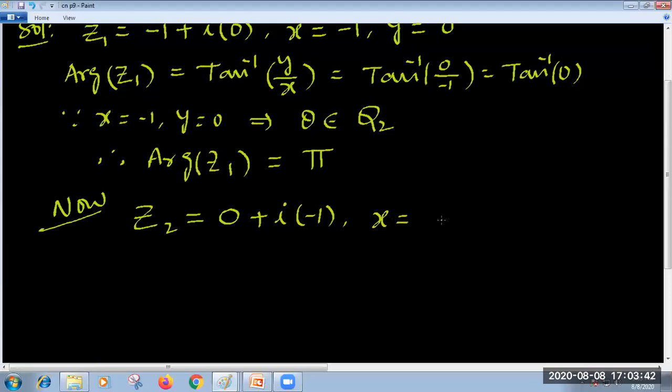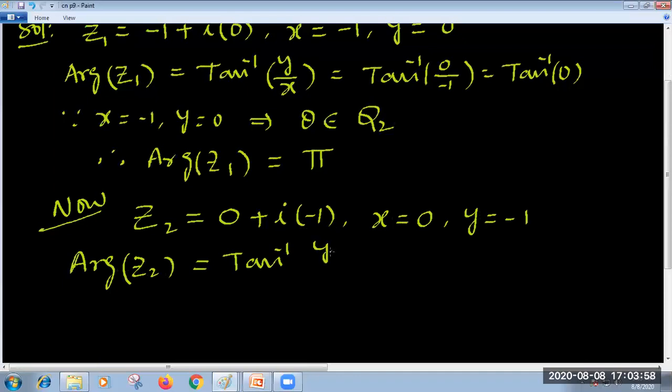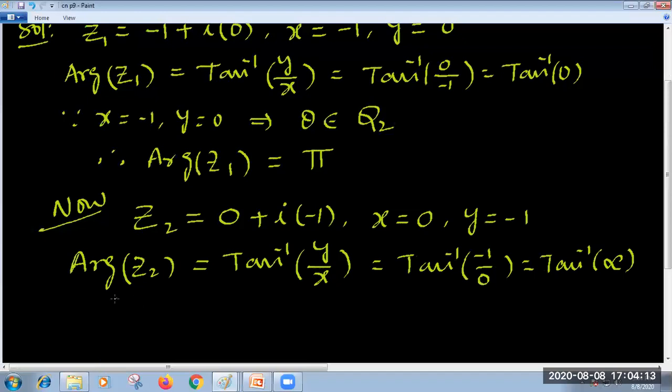Here comparing this with the standard form, x value 0, y value minus 1. Argument of z2 is equal to tan inverse y by x, that is tan inverse minus 1 by 0, that is anything by 0 is infinite.